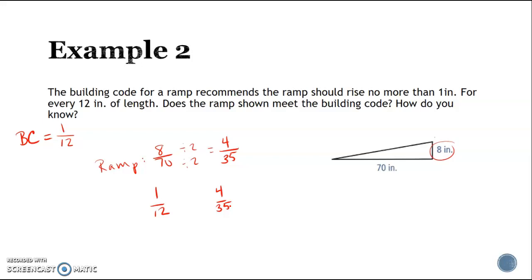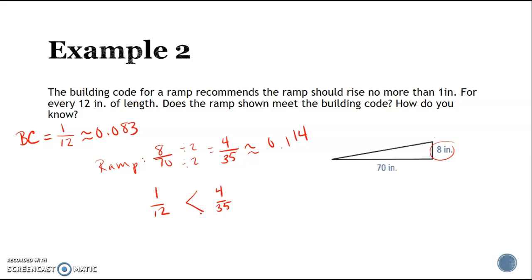I'm going to take 1 divided by 12. So 1/12 is approximately 0.083. And 4 divided by 35 is approximately 0.114. And so when we compare these decimals, 0.114 is greater than 0.083.